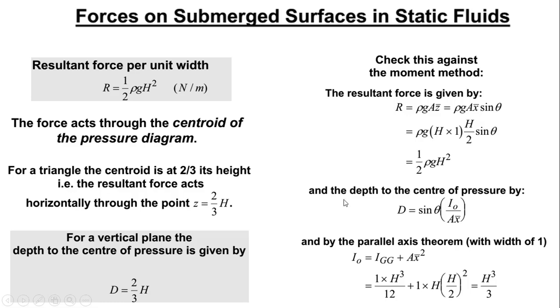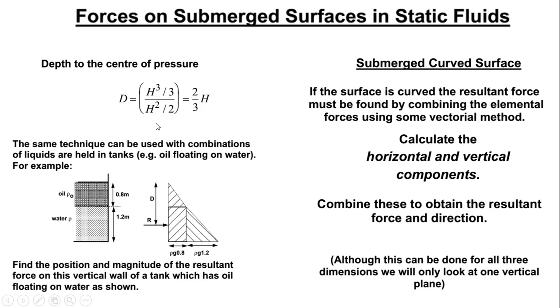Now to find our D is equal to sine theta I naught over A x bar. I naught we know already. I naught is given by A IgG plus A x bar squared. Then from there we need to find our IgG depending on the shape that we are working with and substitute in this equation to get our depth.